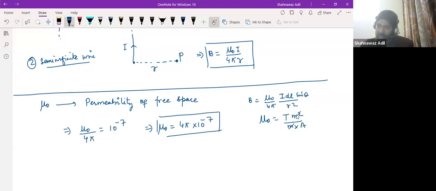So this will cancel. So the unit of mu naught would be Tesla meter per amp.